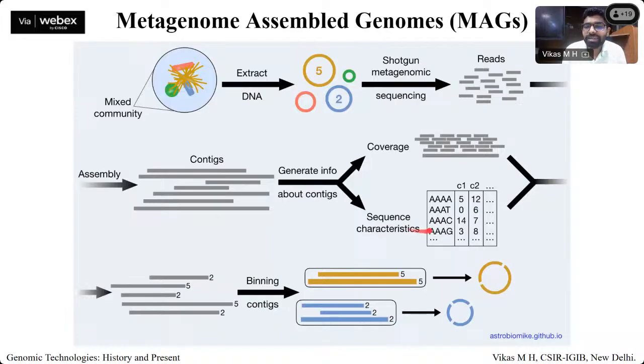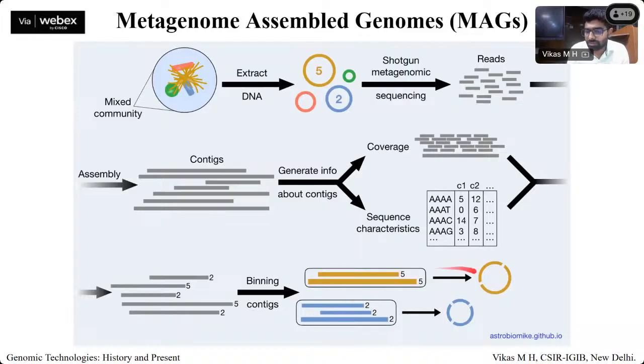So you need to calculate the tetranucleotide frequency for all these sequences which you will be able to assemble through coverage. And then you can put these contigs into different bins based on these characteristics, so that they belong to a particular genome, and then you can bin them into different genomes.